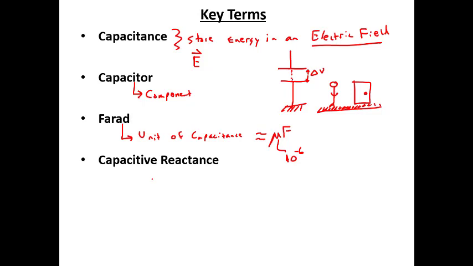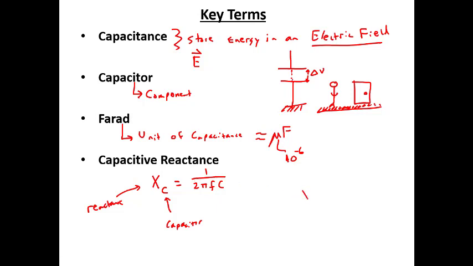Capacitive reactance, just like for inductors, there's going to be an X sub C, so this would be capacitive reactance. We remember X is for reactance, so we can have reactance in inductors, or we can have reactance in capacitors, and that's equal to 1 over 2 pi F C. So this is an inversion.